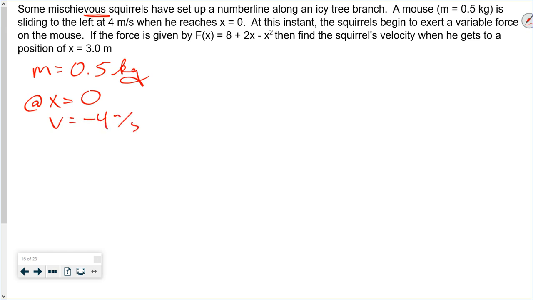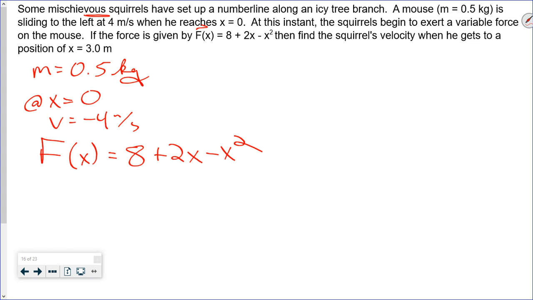At this instant, the squirrels begin to exert a variable force. We've got this team of squirrels, all working together, and they exert this variable force. The force that the squirrels exert, and I probably should have put a little vector hat on this because the direction is indicated there, is given by 8 plus 2x minus x squared.